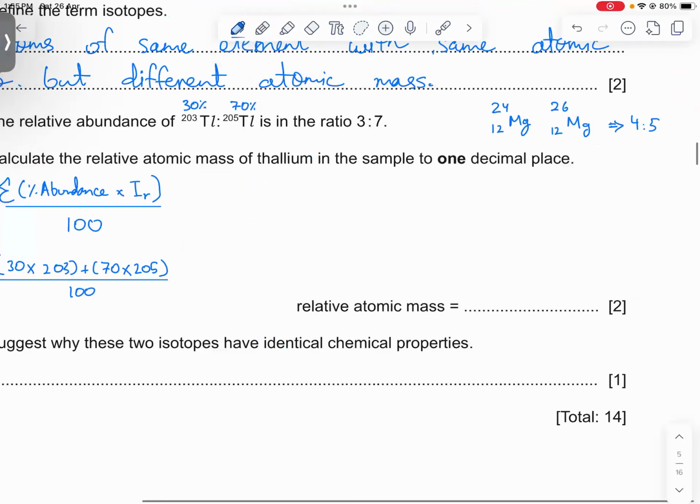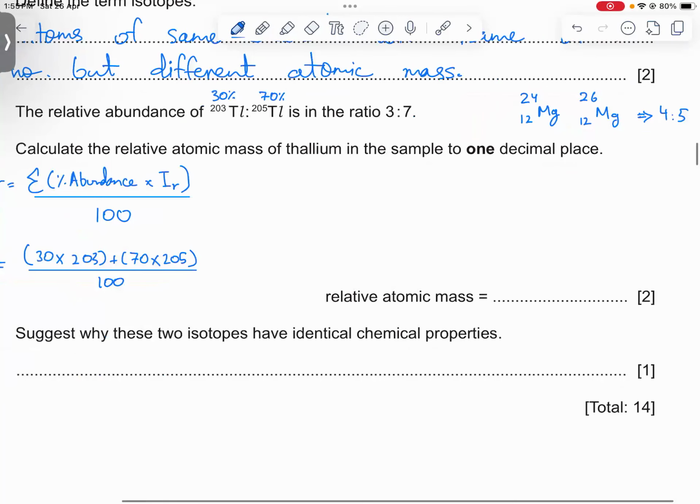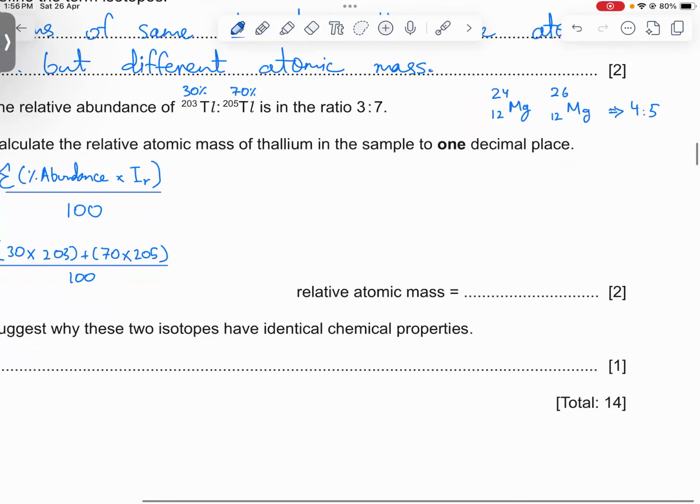But you should understand maths better. What is the meaning of ratio 4 is to 5? It means that if there were 9 atoms of magnesium, 4 of them would be 24 mass, and then 5 of them would be 26 mass. That means we've just found out the ratio. What could we have done? I'll show you with this one, because we are calculating that.